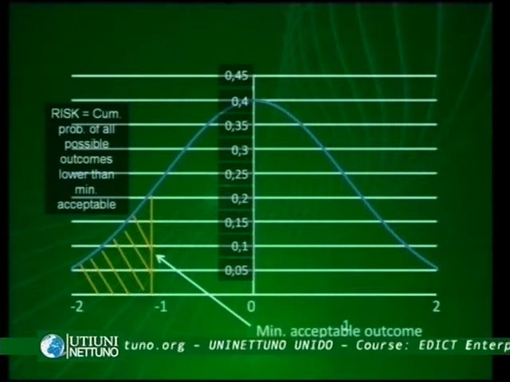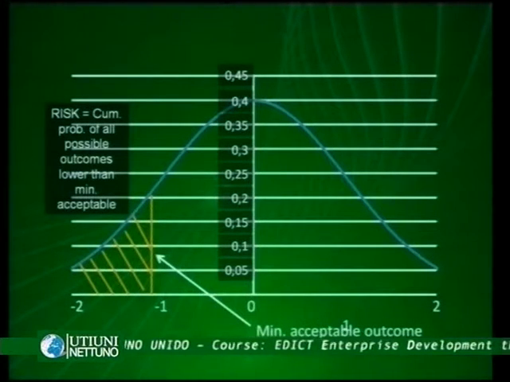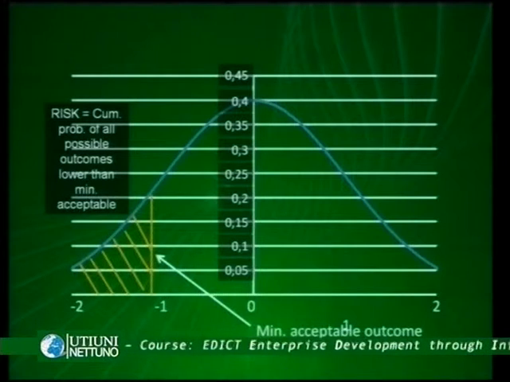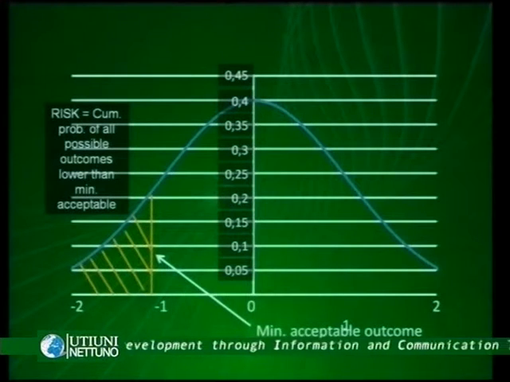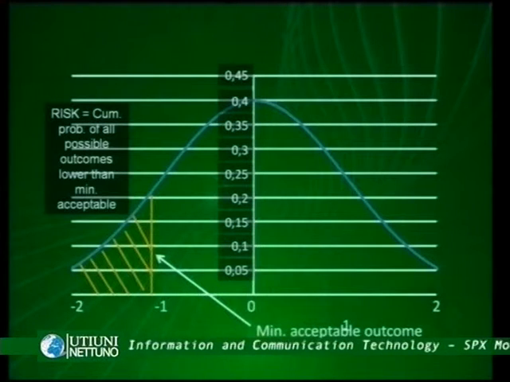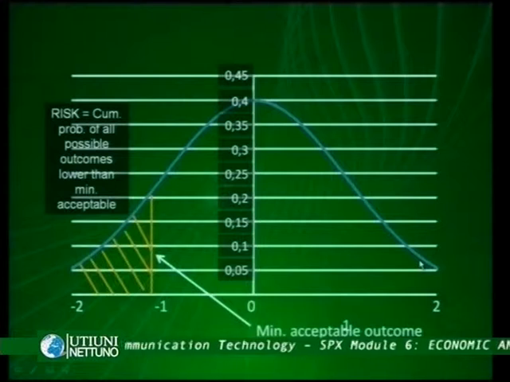In particular, here we assume that we have a given project that has some expected outcomes, and we are hypothesizing that these outcomes are distributed according to what is known as a normal or Gaussian distribution, that is the typical bell shape that you can observe in this graph.